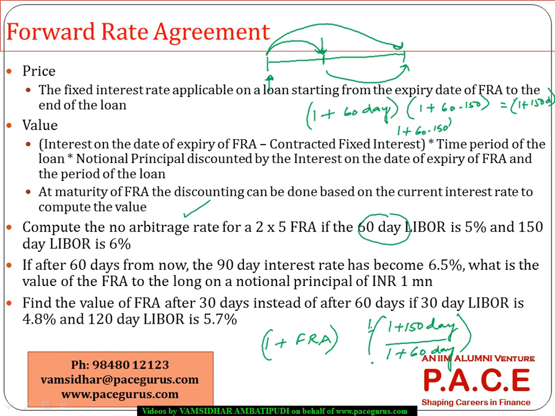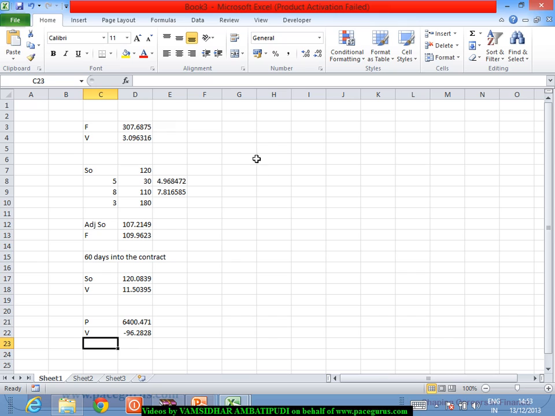Right? So what is the 1 plus 150-day rate? The 150-day LIBOR is 6%, so it becomes 1 plus 6% times 150 by 365. 6% is an annual rate, and for 150 days I multiply it by 150 by 365. So obviously this comes out to 1.024.